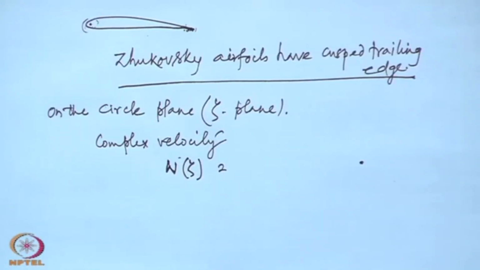Yes, the complex velocity is given by a free stream, a point doublet located at the center of the circle, and a clockwise circulation.